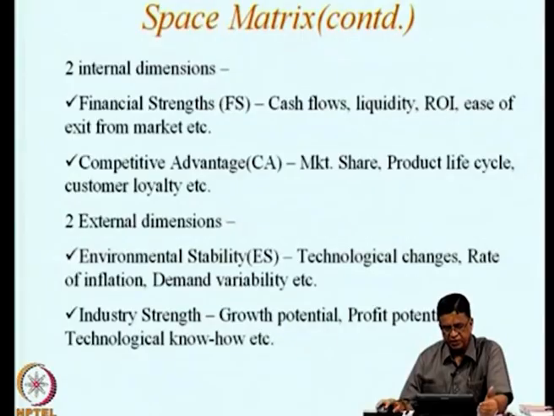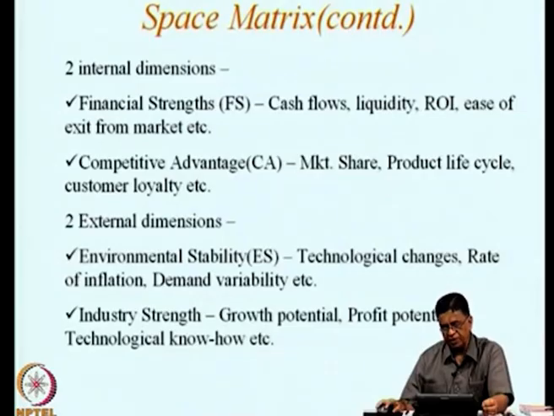We did this with respect to the internal dimensions of the organization, basically 2 of them, that is the financial strength, which takes into account the cash flows, liquidity, the return on investment, ease of exit from the market.